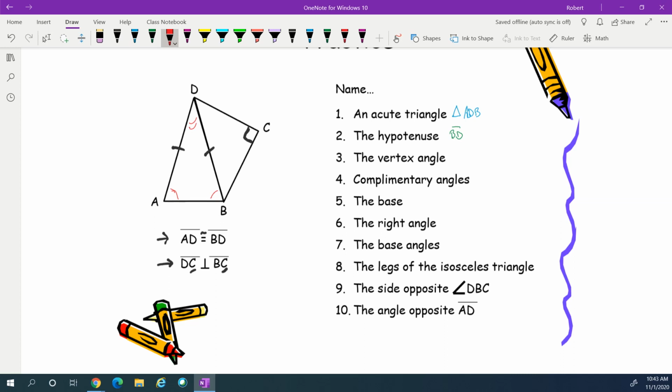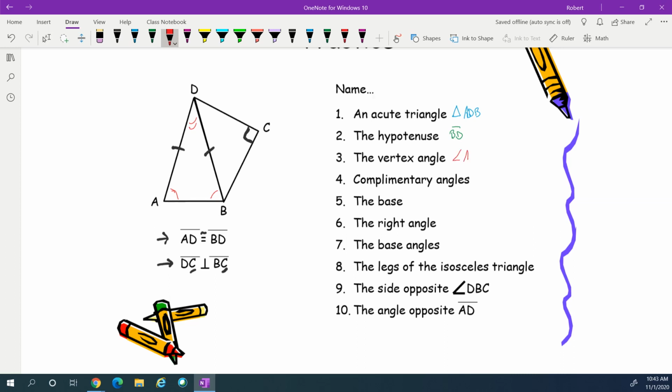So this is just the vocabulary. If you're not sure, scroll back, rewind. We have to know this vocabulary. So the vertex angle is the angle that connects the 2 legs of an isosceles triangle. So in this case, it's angle ADB.